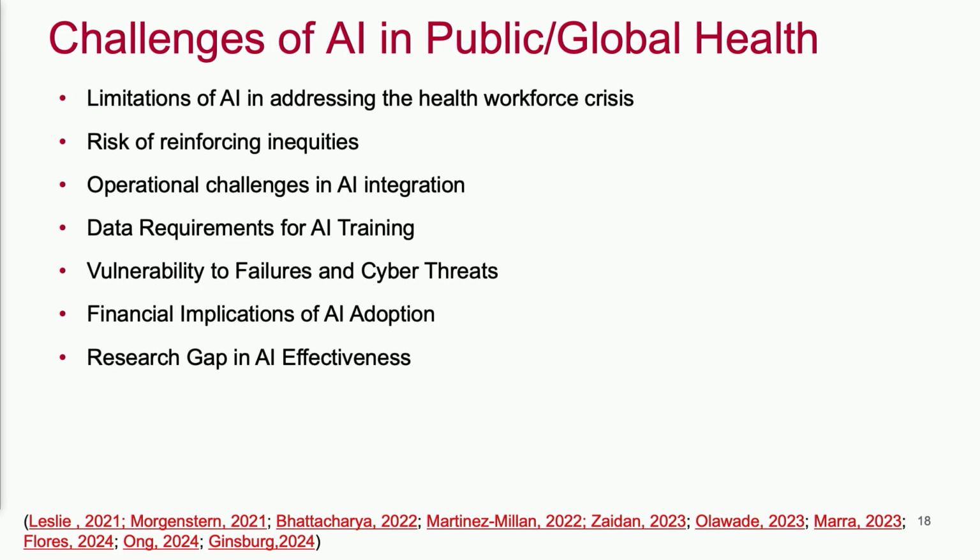They need to be standardized, and in most cases at a global level, we still don't have this data. There are big financial implications about investments, management, data storage, and updating healthcare and health information systems. These financial implications are not really considered at the time. And we still have a lot of research gaps. It would be nice if you work on AI effectiveness in public health and also AI efficiency.